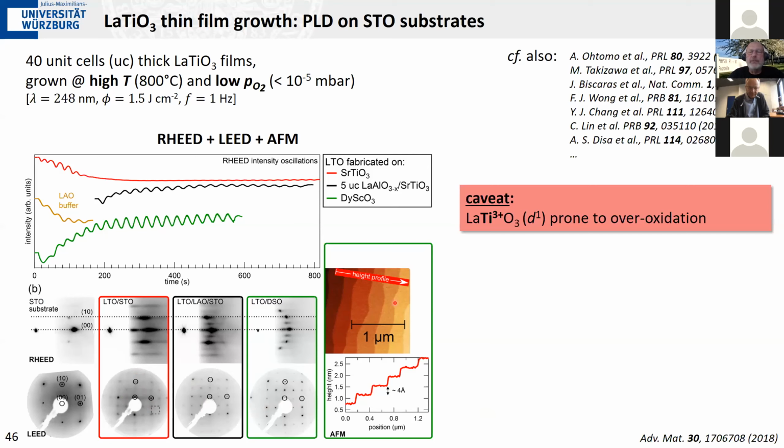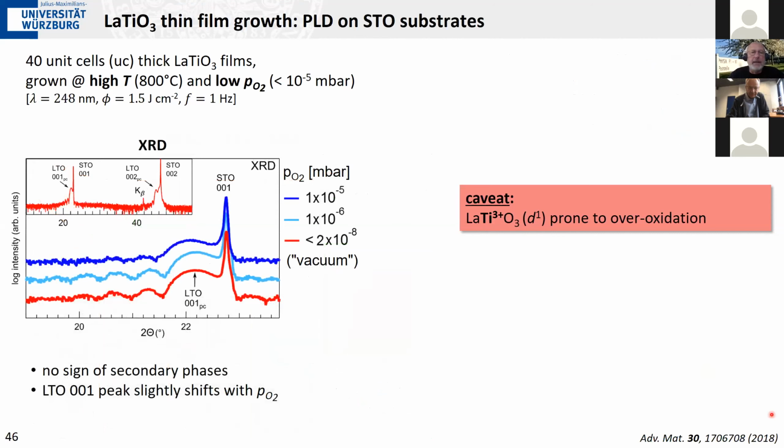It likes to absorb extra oxygen into its structure, so that it's very hard to get a clean lanthanum titanium O3 stoichiometry. Very often you have some 3 plus x here, and you can already see that in the X-ray diffraction pattern.